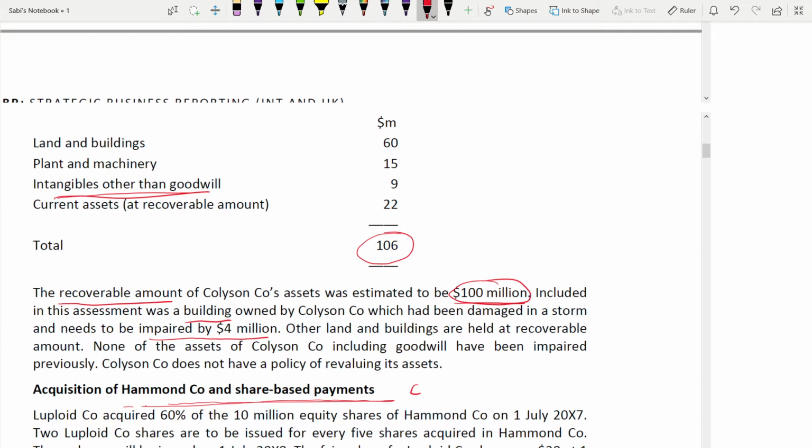So it's easy. You can easily allocate it. Nowhere does it say that this 4 million has been allocated to land and buildings, but here you have to use common sense. Why? Because it's land and building, no? Specifically land and building. So there is no point in allocating it to the other assets. So you can easily allocate it to the land and buildings because it's a building.